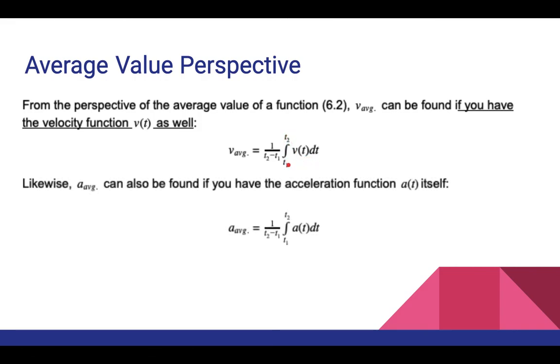And then likewise, if we're trying to calculate average acceleration, but we don't have a velocity function, we can use the equation for average value from 6.1 with the function for acceleration, which would be 1 over t2 minus t1 times the definite integral from t1 to t2 of our acceleration function.